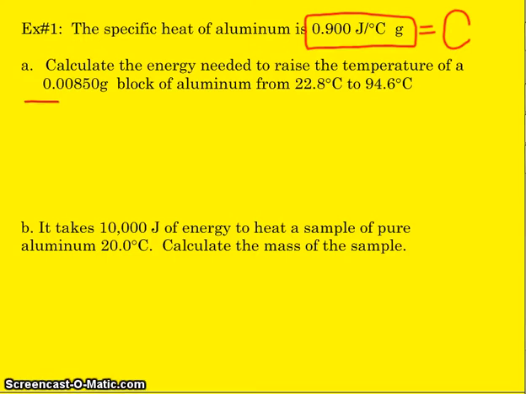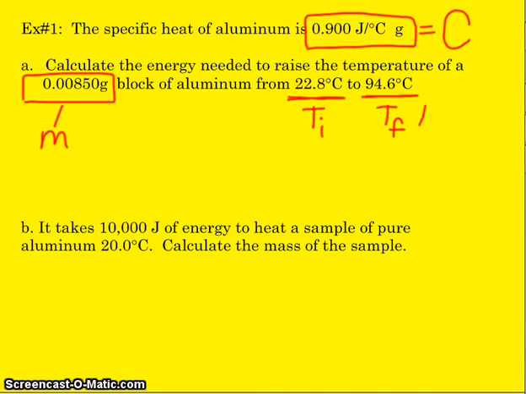The next number I see is right here. The unit is gram. That is our mass in our equation. We're raising the temperature from 22.8, that's our initial temperature, to 94.6, that's our final temperature. And whenever you have the final and the initial temperature, you can get the temperature change.